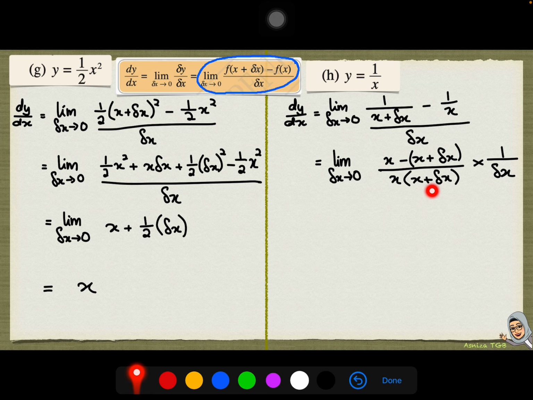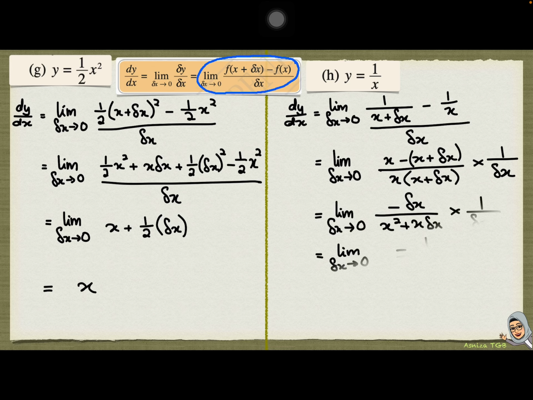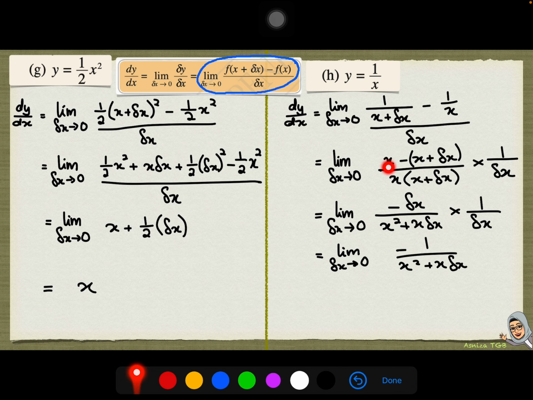Now let's simplify the first term. So limit delta x approaches 0. x minus x is 0. Then we have negative delta x over x squared plus x delta x, and then multiply by 1 over delta x.